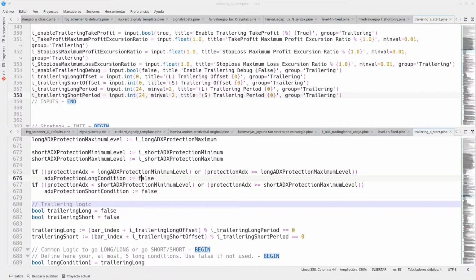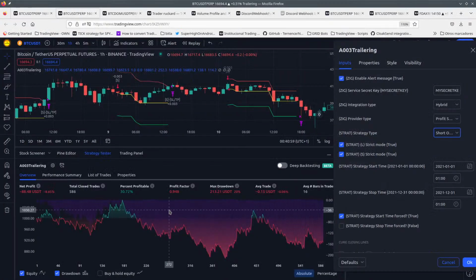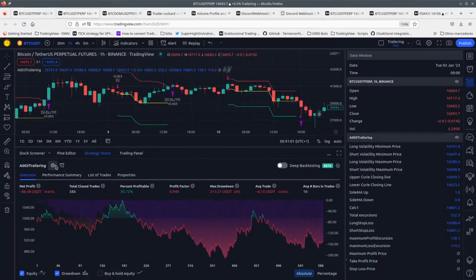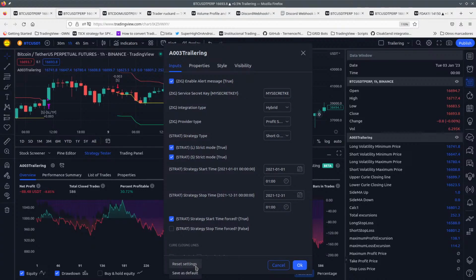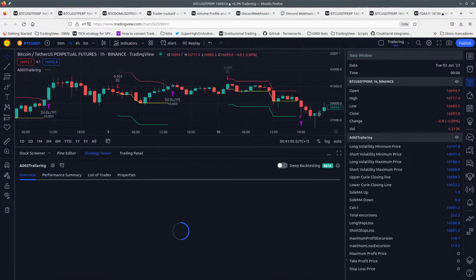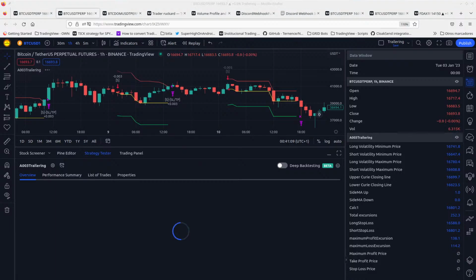The problem is that the short stuff is not the same thing. It's not easy to backtest. So let's write down what we want to backtest right now.